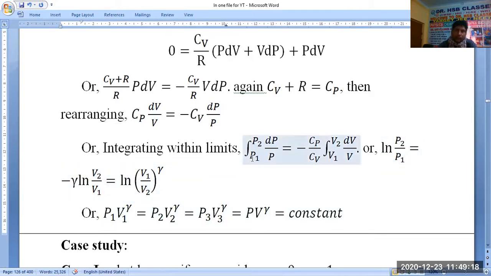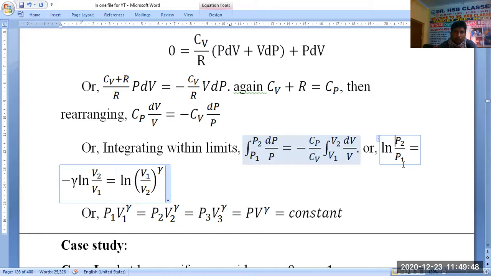On integrating both sides within limits P1 to P2 and V1 to V2, we have Cp by Cv equal to gamma, so minus gamma ln V2 by V1 equals ln P2 by P1.